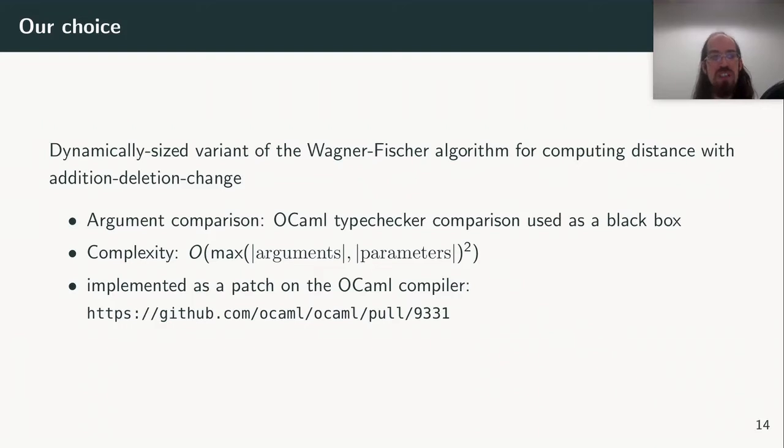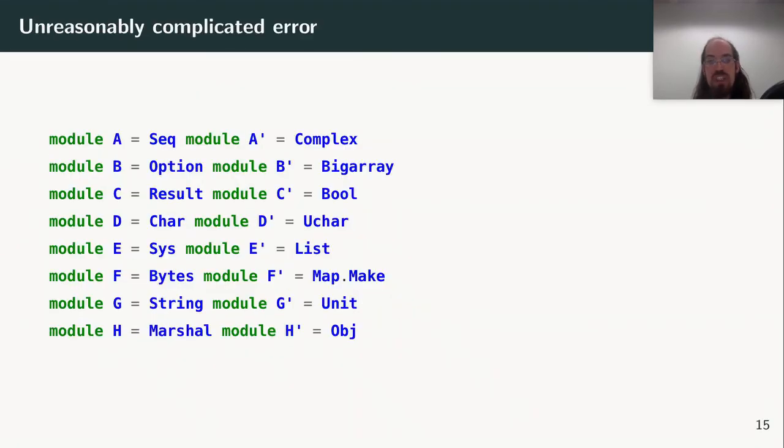And all of this is already implemented as a patch on the OCaml compiler, available at the following URL. And once you have done that, we can identify very complicated, unreasonably complicated errors.